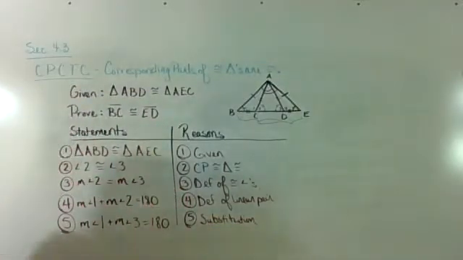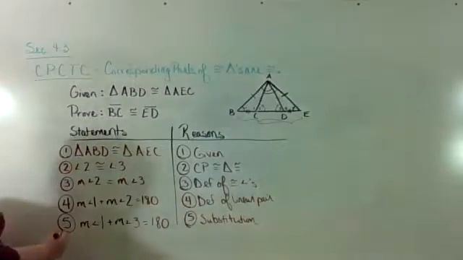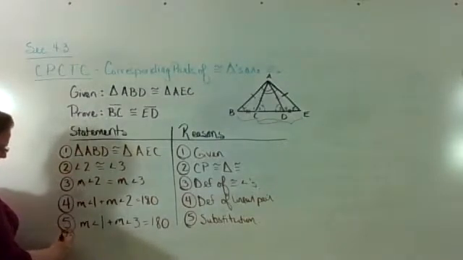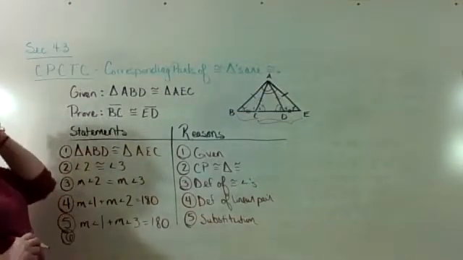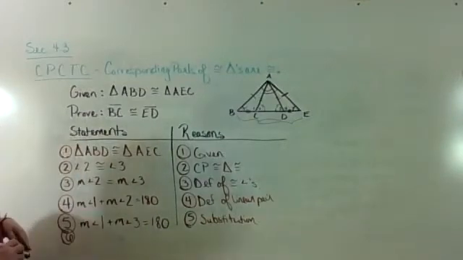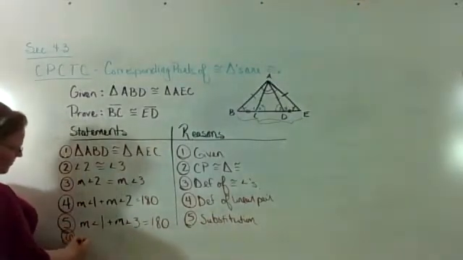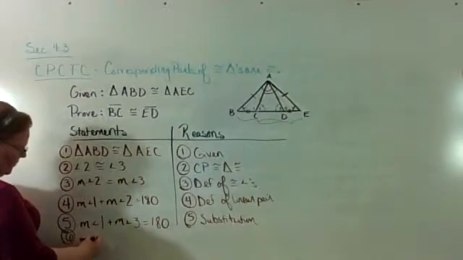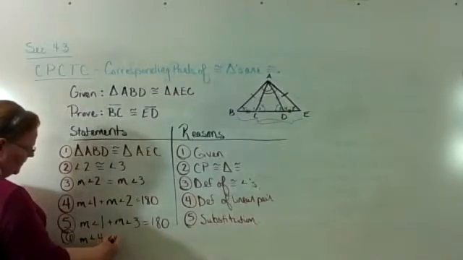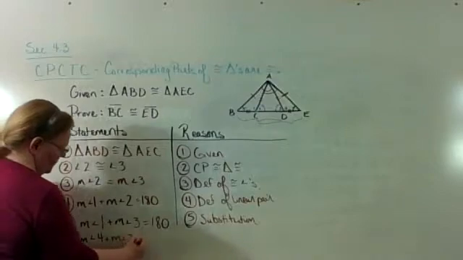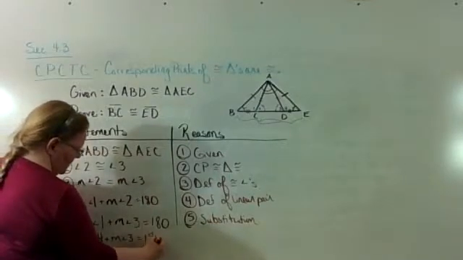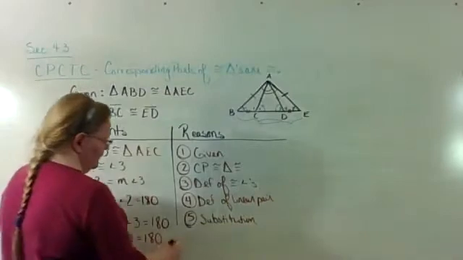It's a long proof. Bear with me. I'm going to try to squeeze a 6 in down here. So I have this, that 1 and 3 add up to 180. But I'm going to go ahead and write the measure of angle 4 plus the measure of angle 3 equals 180 by definition of linear pair.